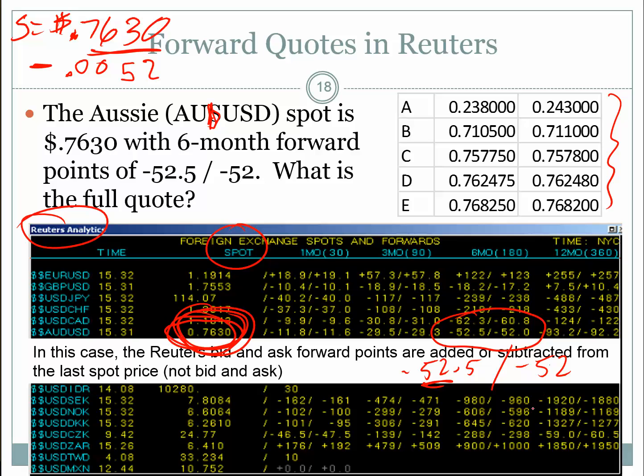So I'm going to subtract 0.0052, 5. That would be the 5th decimal place. And that will give me 0.75775 for the bid. And for the ask, looks like I just need to take my spot and subtract 0.0052 to get 0.75780.